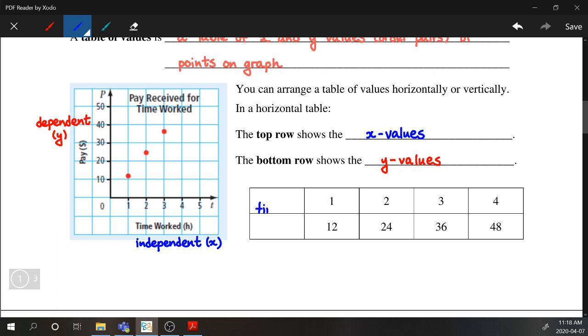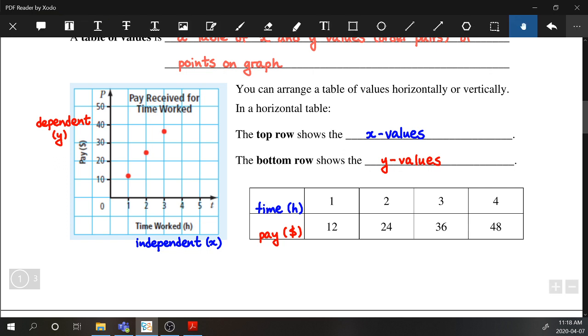You might want to use the variable t instead of x, but still put it horizontally, of course, and the units is in hours. Likewise, pay would be the y variable. You might want to use the letter p instead, and that's in dollars. So you can see in this case that 1 hour is $12, 2 hours is $24. So it looks like the person is getting paid $12 an hour.